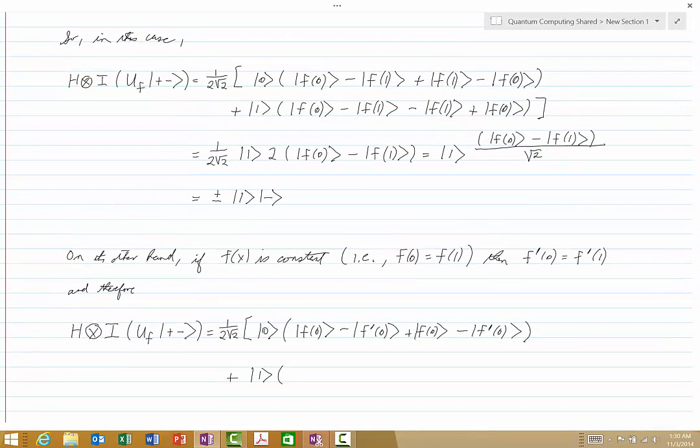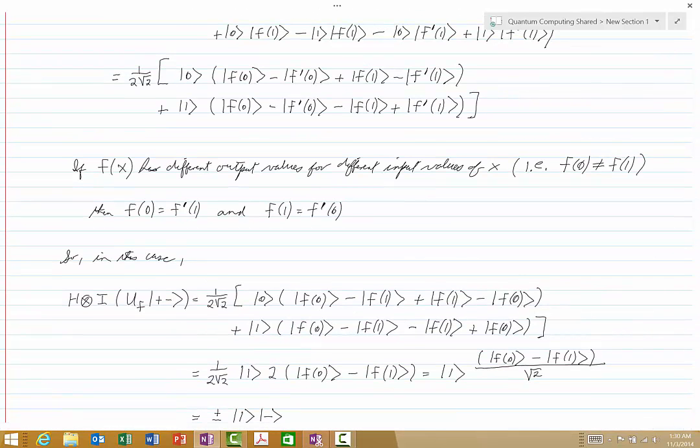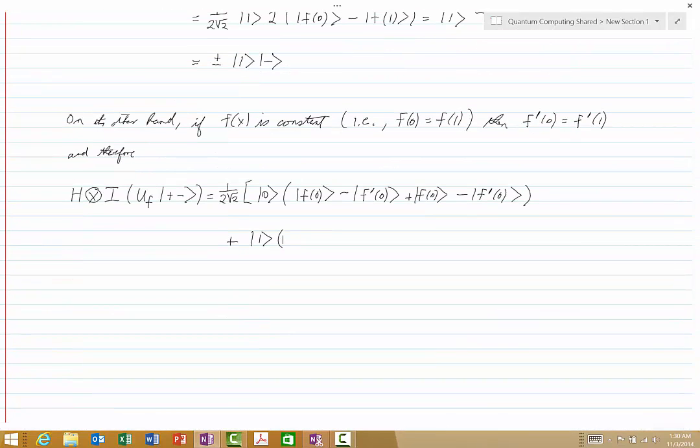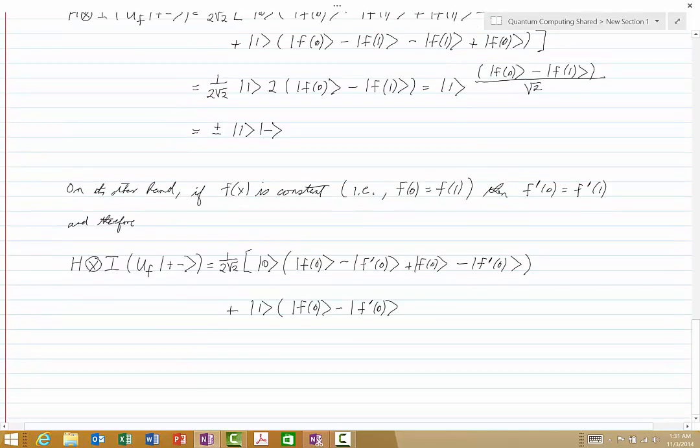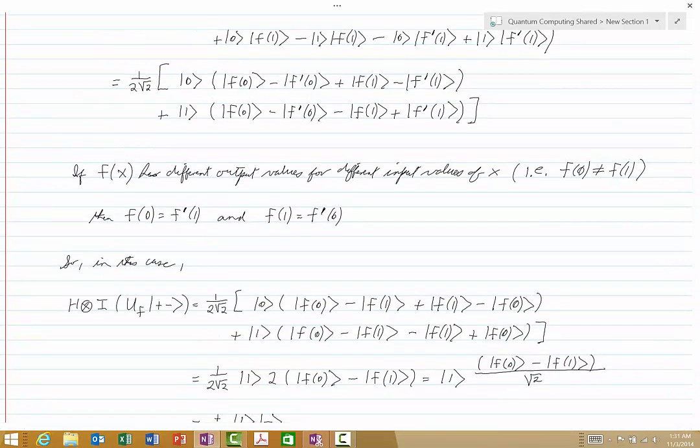And then for the next part of it, we have f of 0 minus f prime of 0. The first two terms here are exactly the same as the first two terms in the first parentheses, so we'll just have f of 0 minus f prime of 0. But the next two terms are both reversed from what we have in the first parentheses.